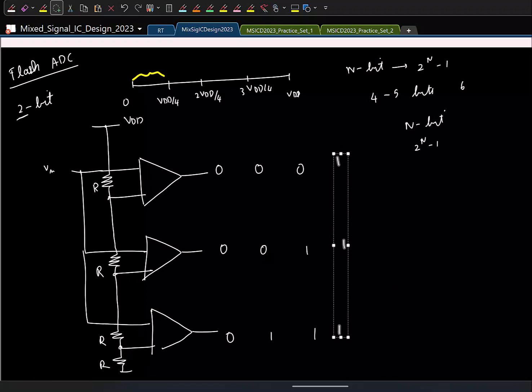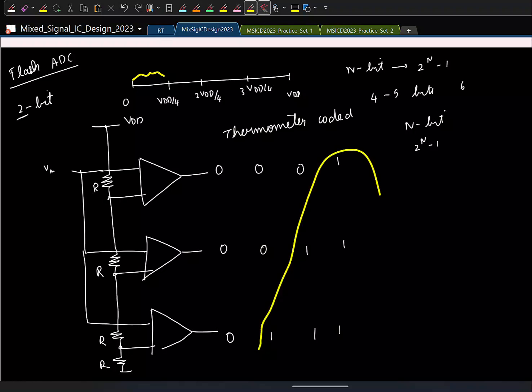And this kind of output is called thermometer coded or thermometric bits, simply because, I don't know if you guys have seen mercury thermometers, it looks like levels rising in a mercury thermometer, right?